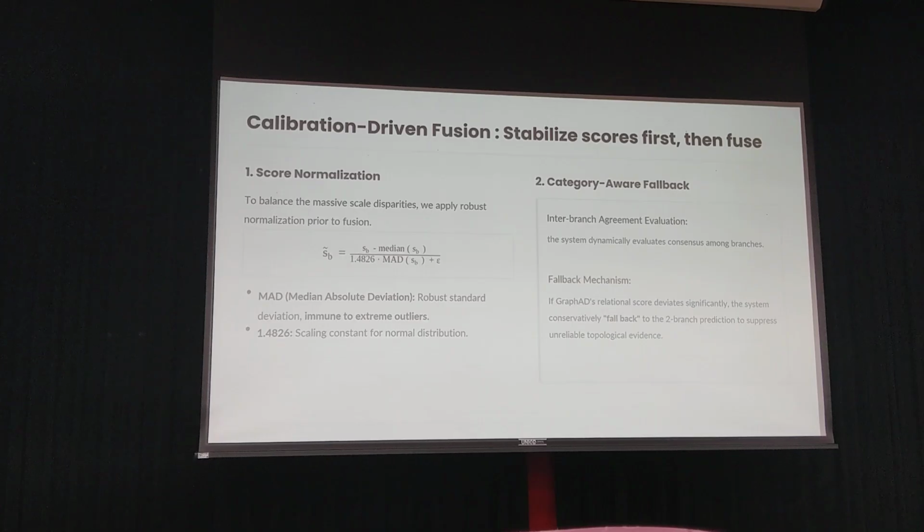So the main message of this slide is that multi-branch is not only about adding more cues. It is also about stabilizing heterogeneous scores before fusion.